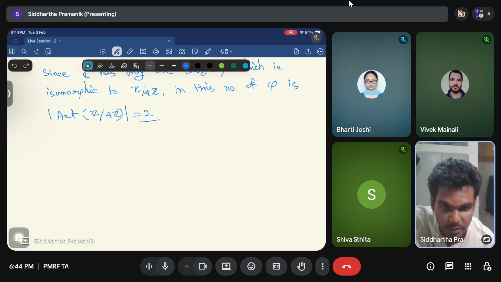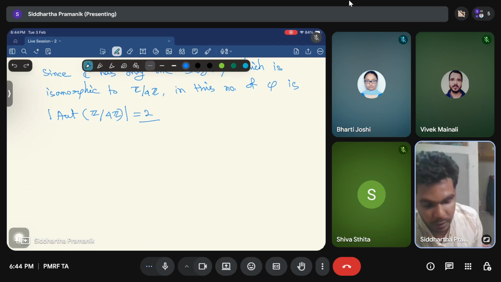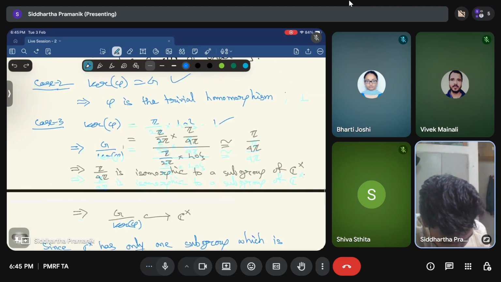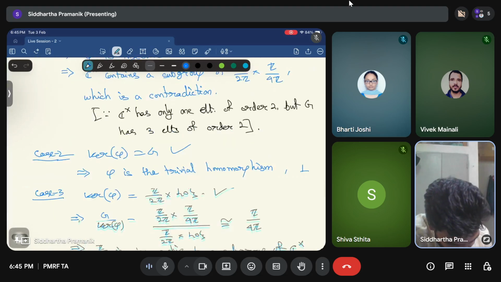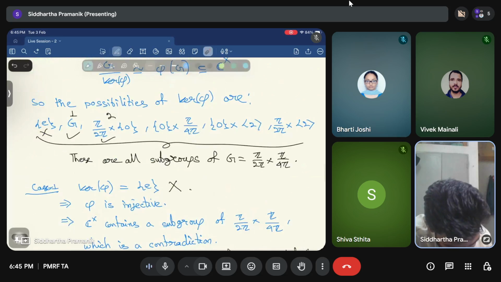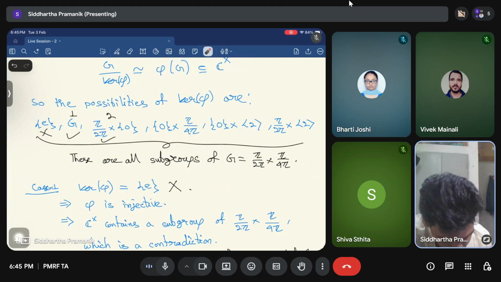Otherwise, I will not know whether you are understanding or not. So case 4. In this case, the kernel is 0 cross Z mod 4Z.